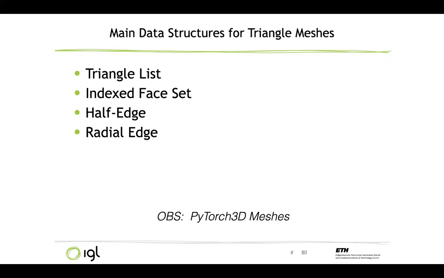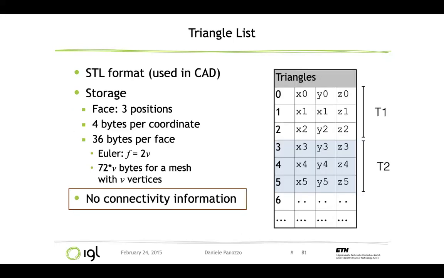Then you see that the first data structure is very simple. It's a triangle list, where we describe each face by a collection of vertices. Like in a triangle mesh, we give the coordinates of each vertex of the first triangle, then the coordinates of each vertex of the second triangle. Notice that there's a lot of redundancy and no connectivity information here.